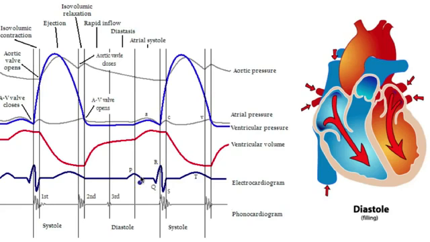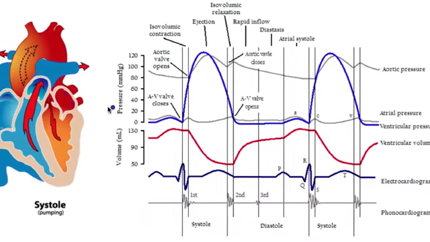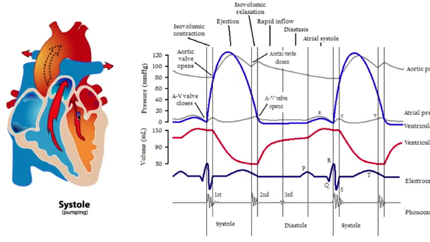Just like after atrial depolarization, we get atrial contraction. Now, after ventricular depolarization, we also get ventricular contraction. So that is where we're starting this phase of systole, where the ventricles are contracting.